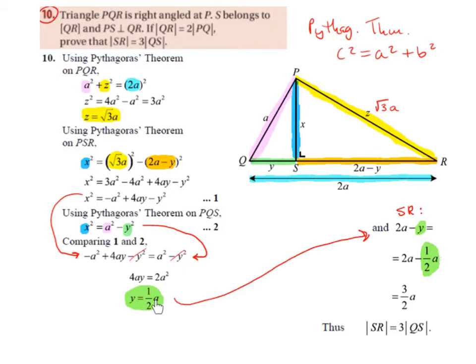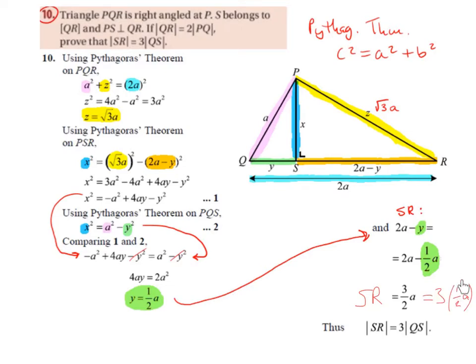a half a. So remember, SR is 2a minus y. So we're going to swap the y for a half a. So 2a minus a half a is 3 over 2a. And 3 over 2a is the same thing as 3 times a half a.